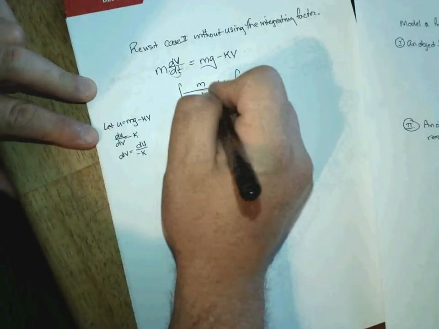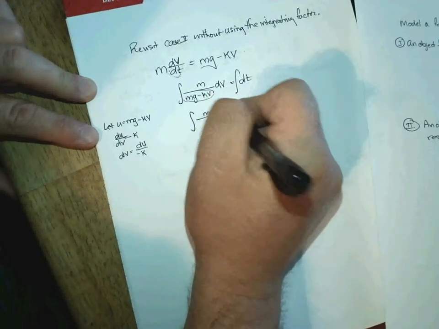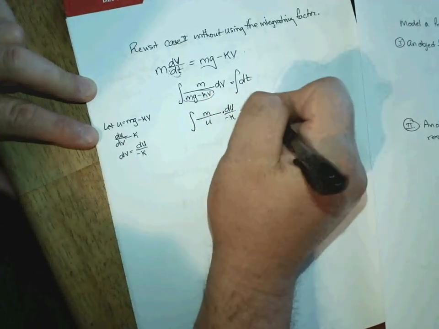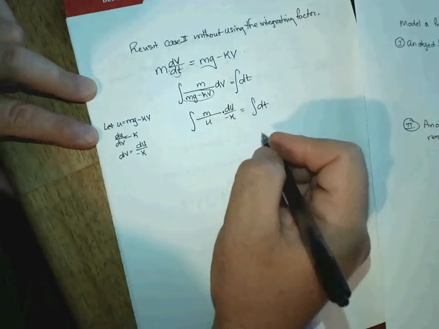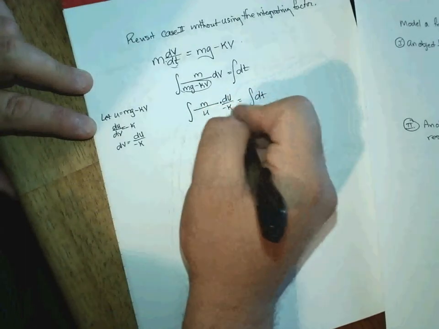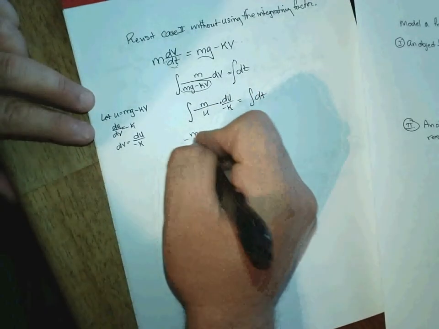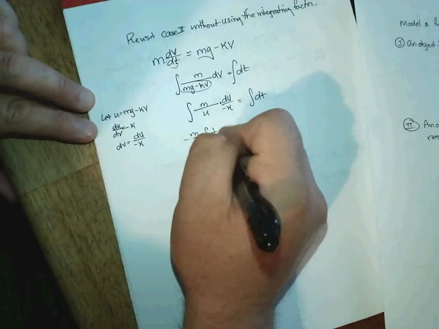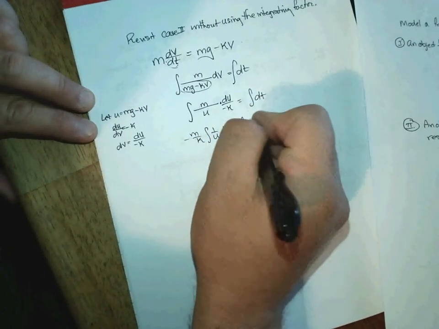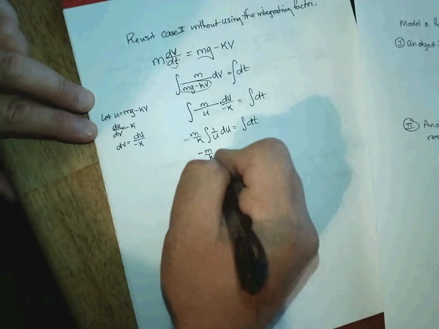So coming over here, mg minus kv is your u, your dv is du over negative k. And now we're all set to integrate this thing. Take the m and the negative k out in front. And this looks pretty simple, I think.